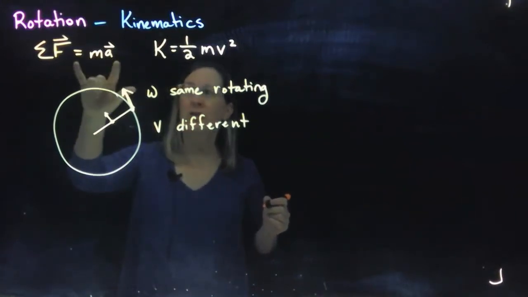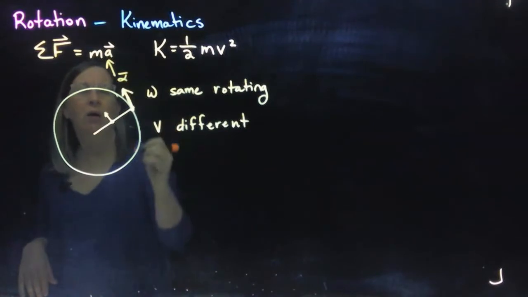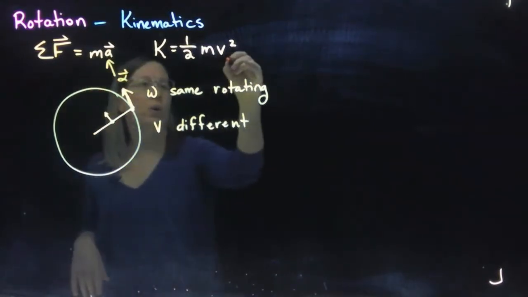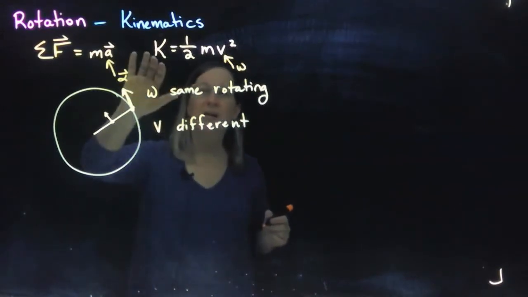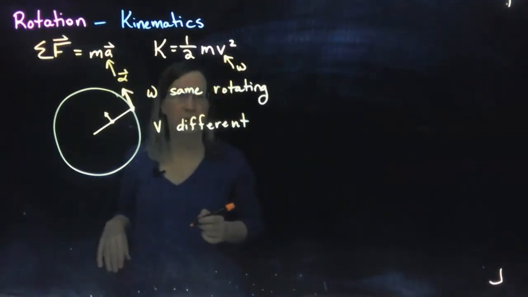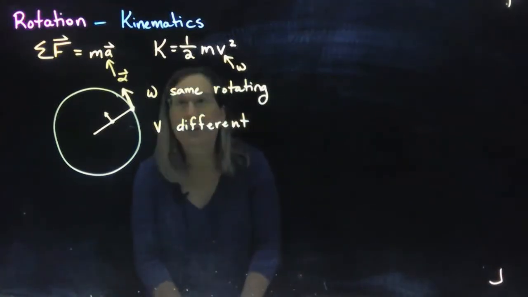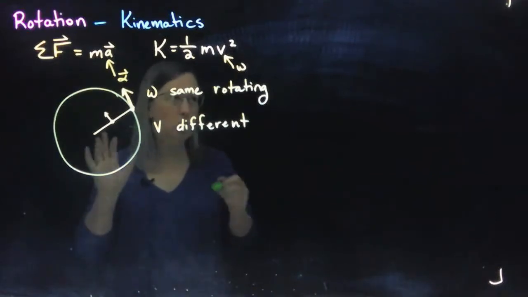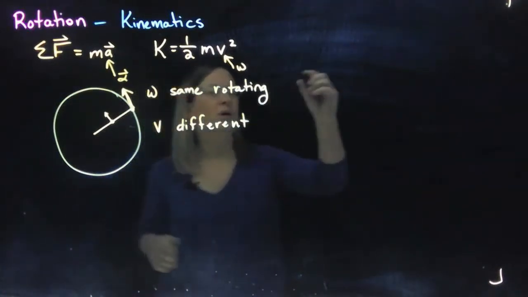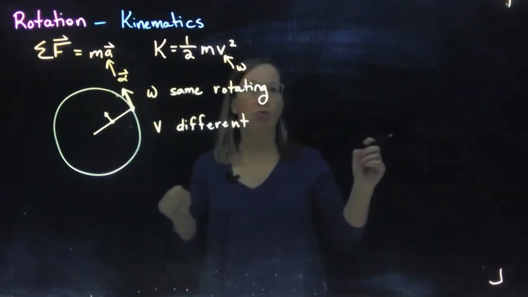So you can imagine that instead of this, we're going to want to do this in terms of alpha, and we're going to want to do this in terms of omega. And it turns out to be easier to start over here with the kinetic energy. So let's look at kinetic energy and consider not maybe a circle, but at least start with just a couple of masses that are on a really light rod or string.